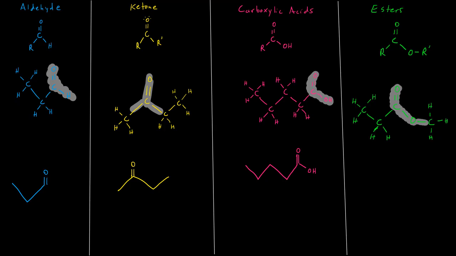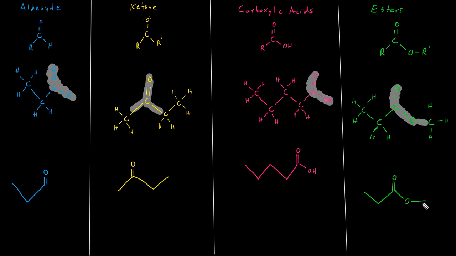If we wanted to show an ester as a skeletal formula, we're going to have our chain here. So 1, 2, 3 carbons with our carbonyl here, and then an oxygen to another carbon. So I draw the bond to the oxygen, and then the other carbon.